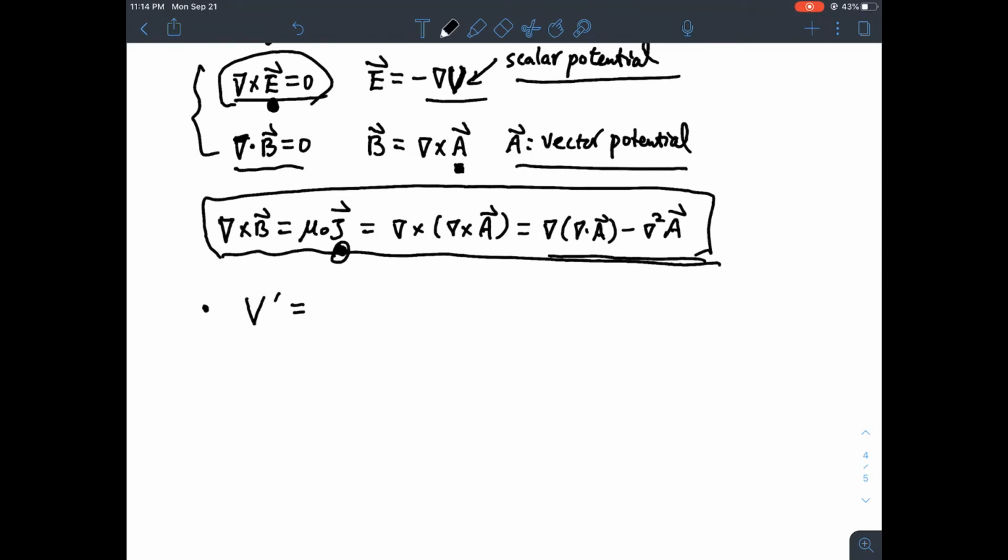Let us say my new V is the old V plus any function, any function whose gradient is 0.